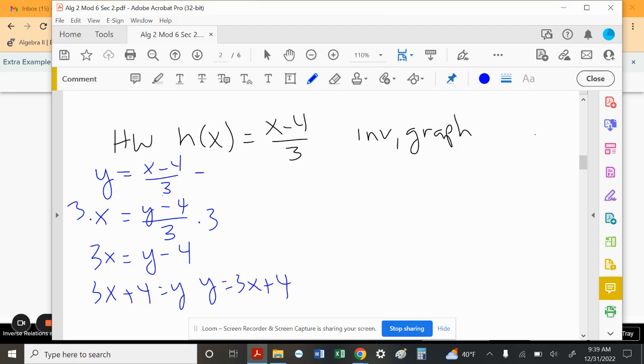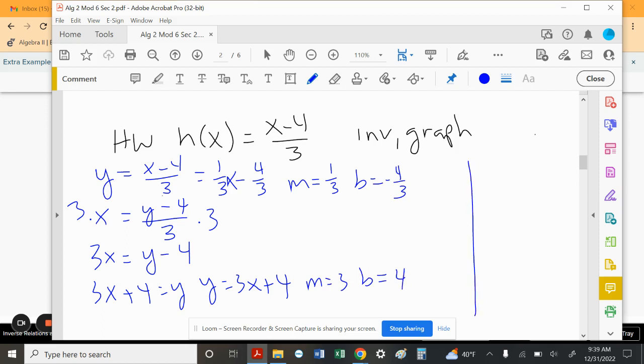So this one I'm going to rewrite: I've got 1/3 x minus 4/3. So my m equals 1/3, my b equals negative 4/3. In this case, my m equals 3, and my b equals 4. Okay, so I'm going to put my first point in.